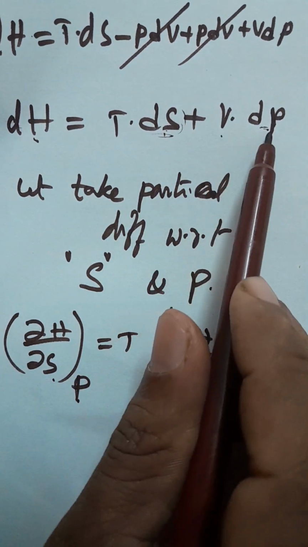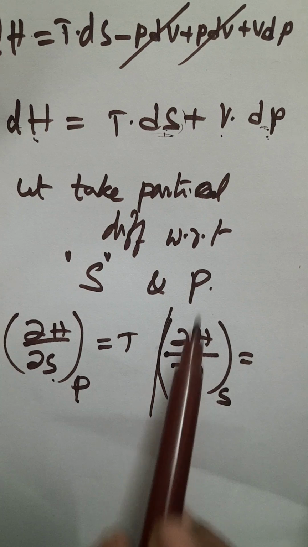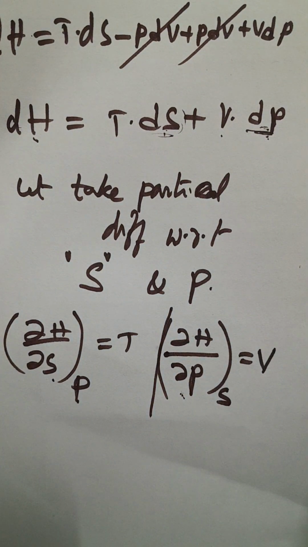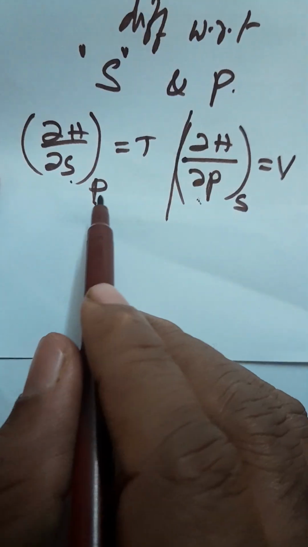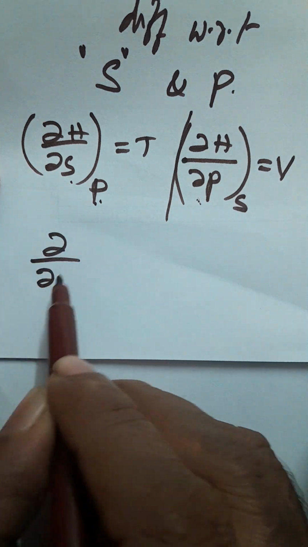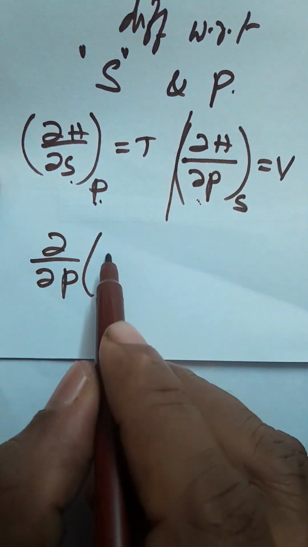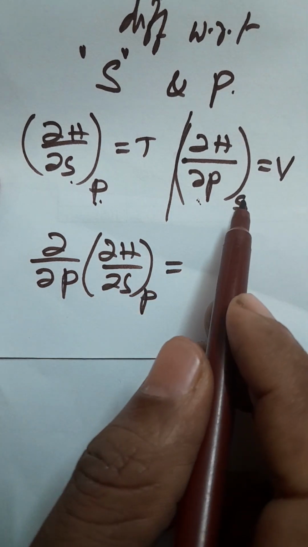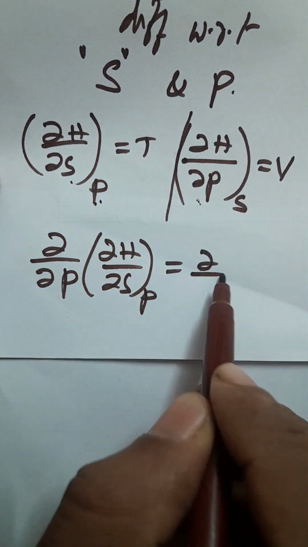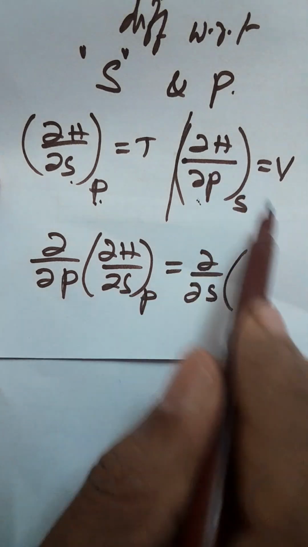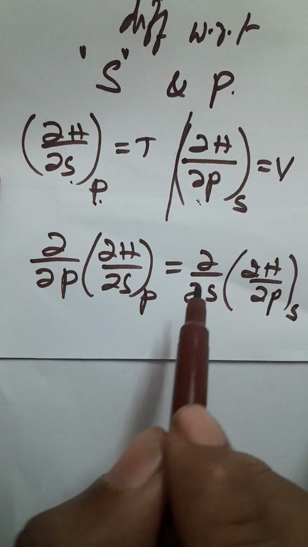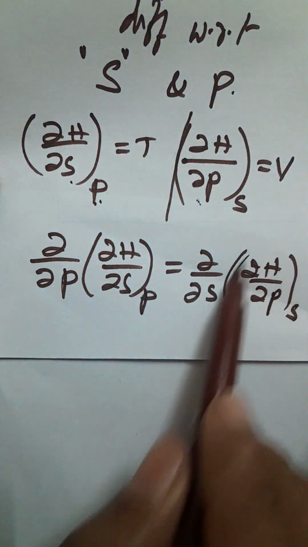We got V into dP, and the derivative of dP is 1, so we will get V. Now dou by dou P of dou H by dou S at constant P, equals dou by dou S of dou H by dou P at constant entropy. Instead of these we will write T and V.